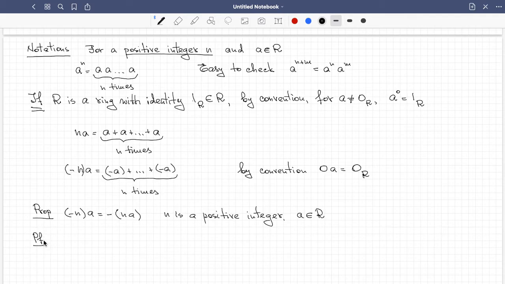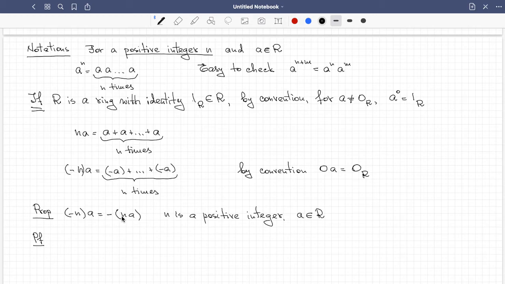The notation is made up so that manipulations go very smoothly. At the same time, don't forget, this is only made up, and you have to clearly distinguish between integers and elements of a ring. These are completely different beasts, unless the ring is a ring which contains numbers, integers in the first place. But then it becomes even more confusing in a sense.